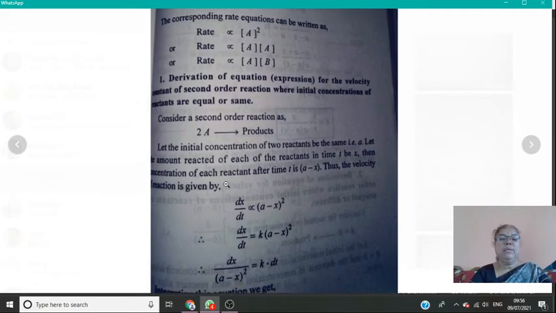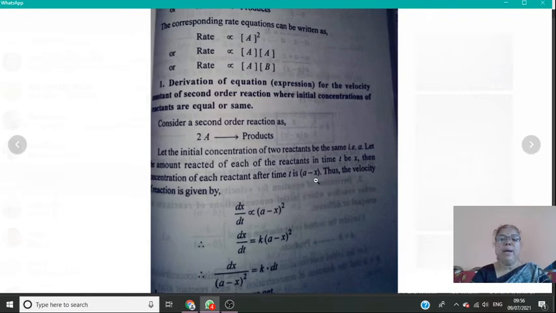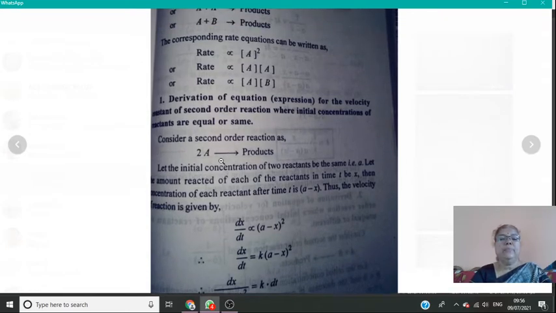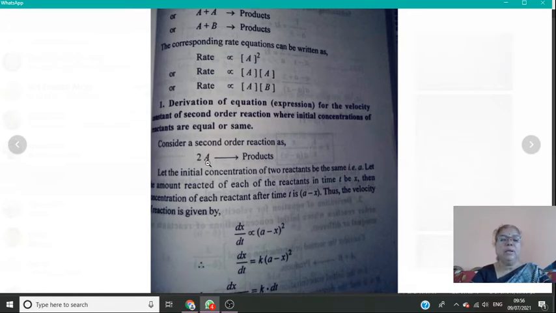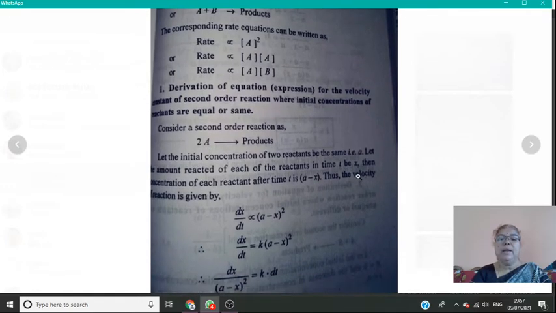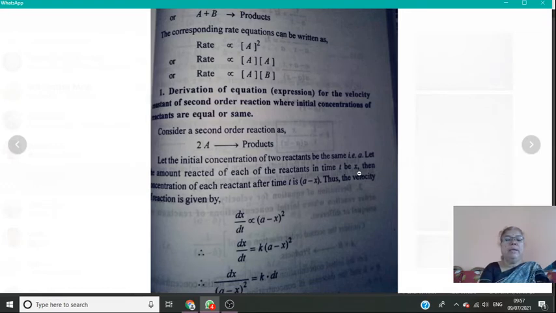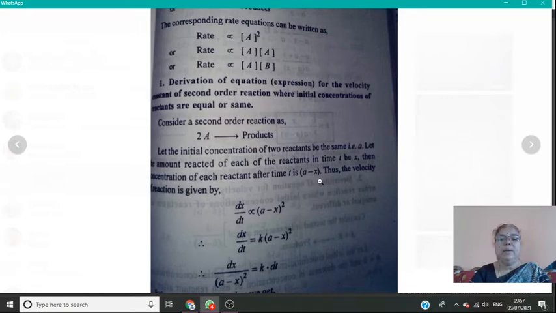Then the concentration of each reactant after time t is a minus x. See here, the concentration at the beginning, the initial concentration, we consider as a, and this x is our decrease in concentration in time t. Therefore, the concentration of each reactant after time t is a minus x.